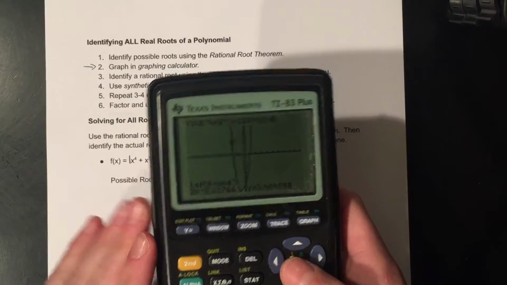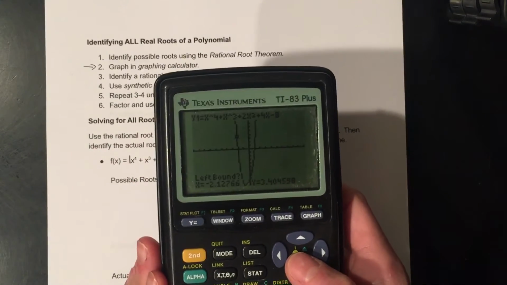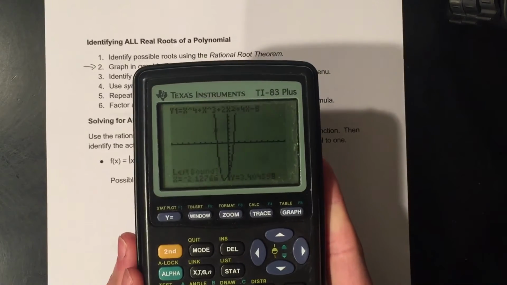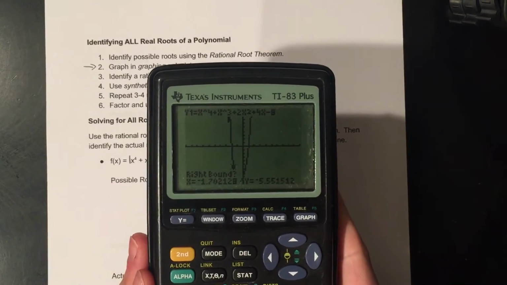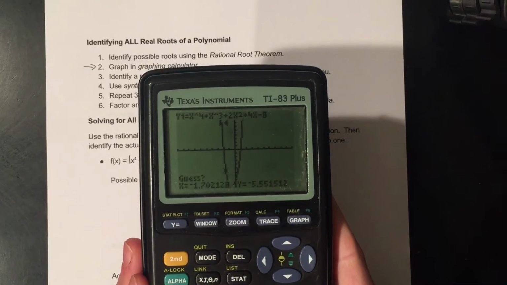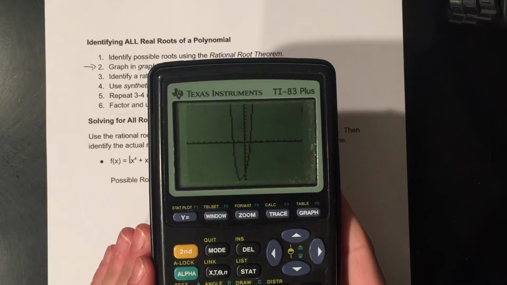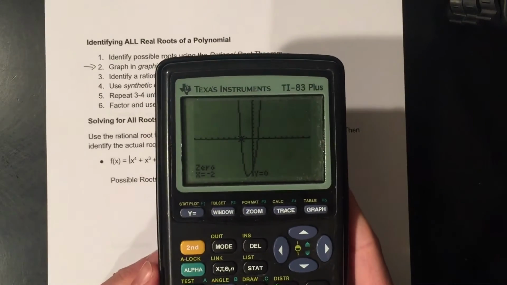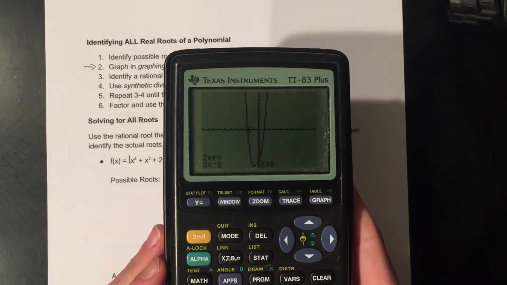So we scroll, see where the blinking cursor is. I scroll to the left of the x-intercept, and I hit enter. Then I scroll to the right of the x-intercept, and hit enter. Then it says guess, I hit enter one more time, and the calculator estimates that the zero is at -2, 0. So all these things are showing that I have an x-intercept of -2.